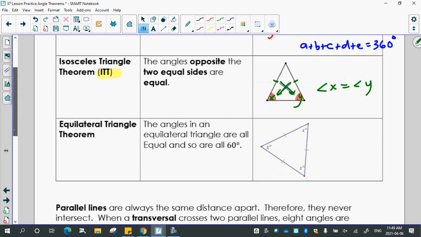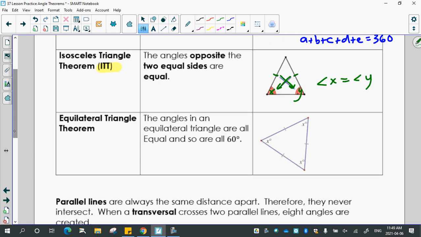Equilateral triangle theorem, the angles in an equilateral triangle are all 60. Okay, so if you have a triangle where all three sides are the same, then you automatically know that all three angles are 60. And that's because angle X is just 180 degrees divided by 3 equal angles.